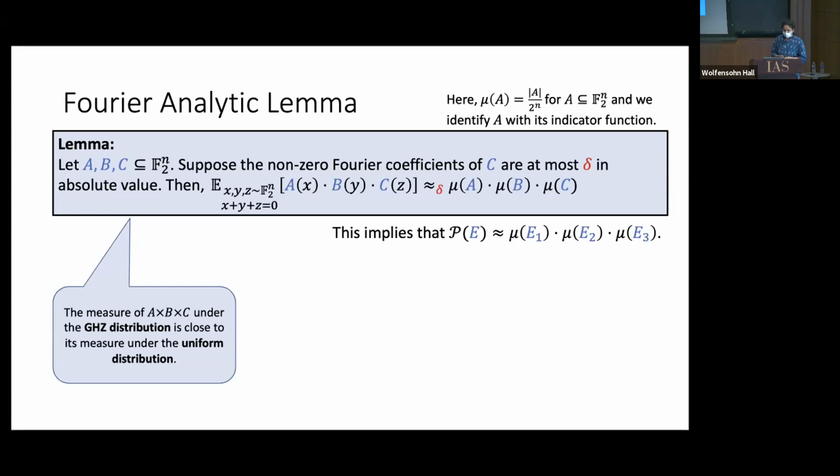So this is saying that provided the Fourier coefficients of the set C are small, then you can approximate the measure of this product set ABC under the GHZ distribution by its measure under the uniform distribution. So this is a really powerful result. It's allowing us to replace expectations over this highly correlated GHZ distribution by expectations over this uniform distribution, which is highly uncorrelated.